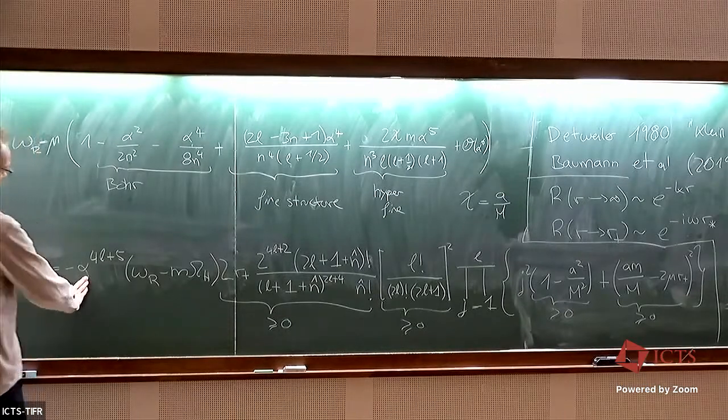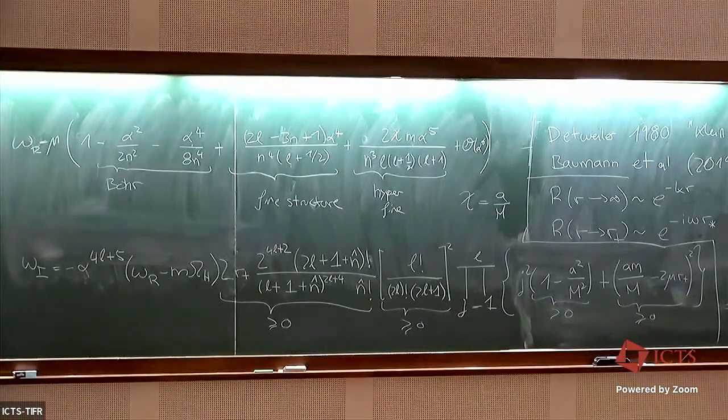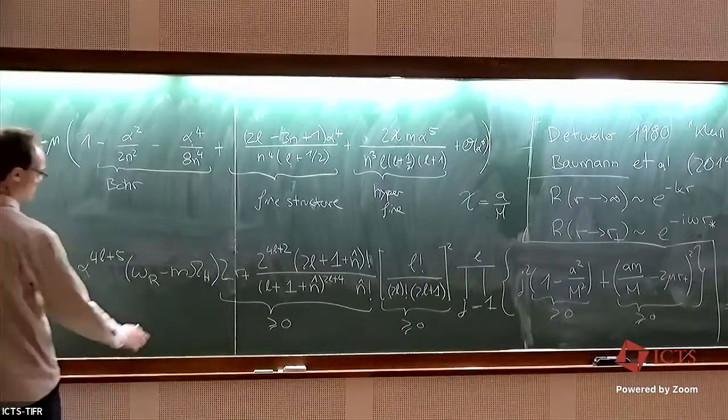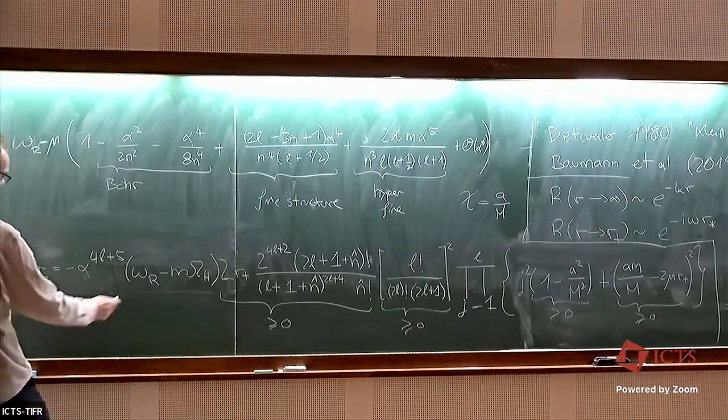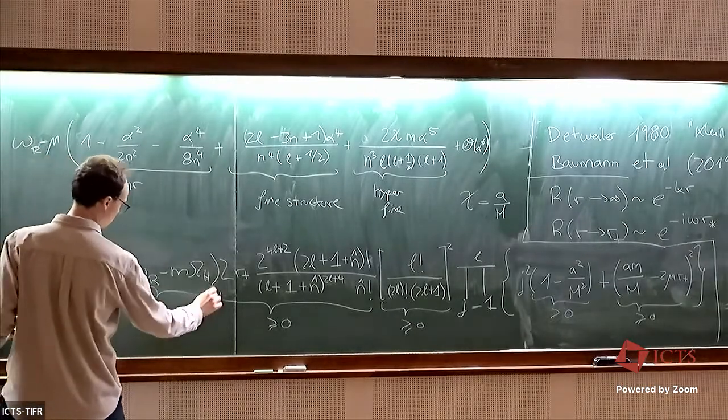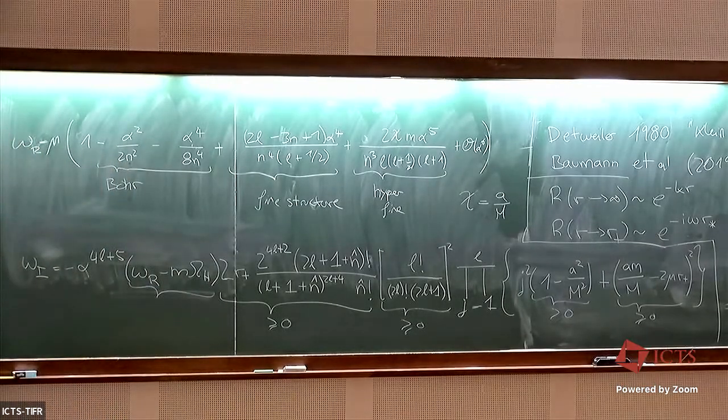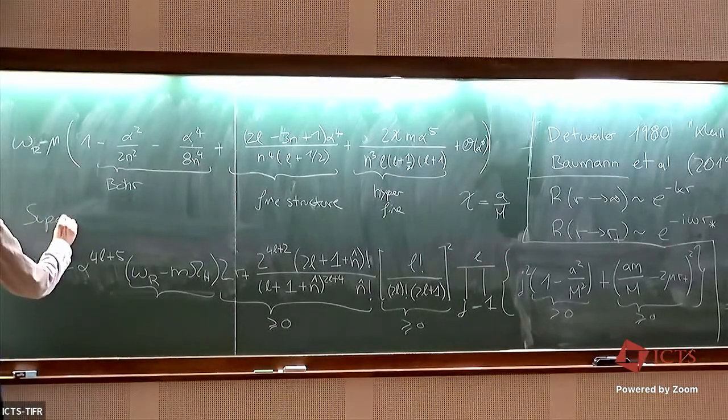And then, of course, alpha is just some small number, but it's still positive. And so we can see that really the only term that matters is the sign up front plus this combination. And so from this, we can read off the following: the superradiance condition.